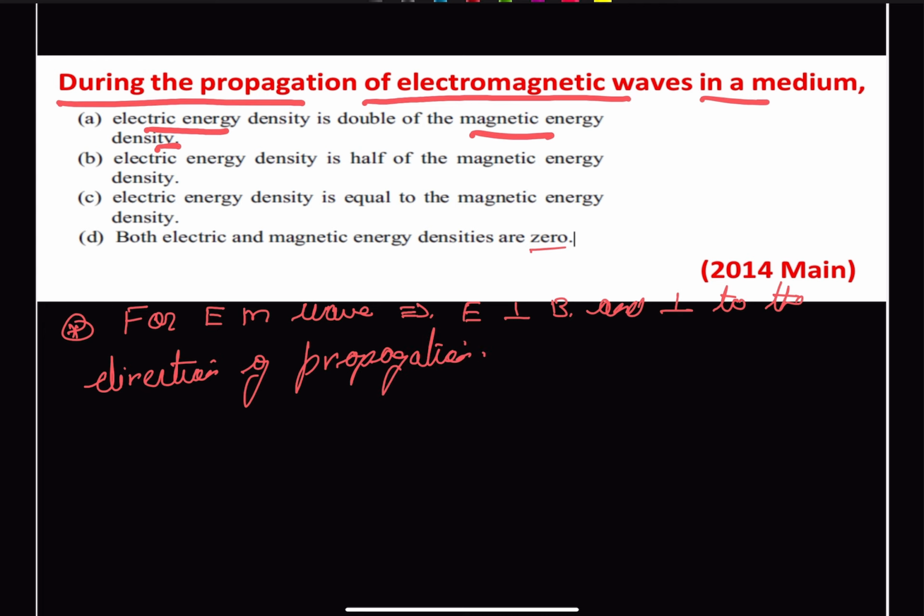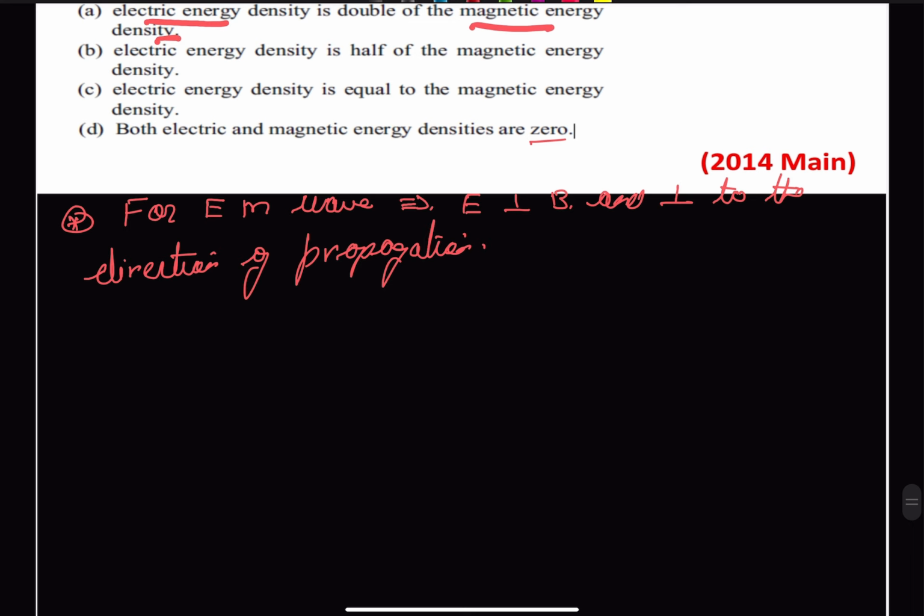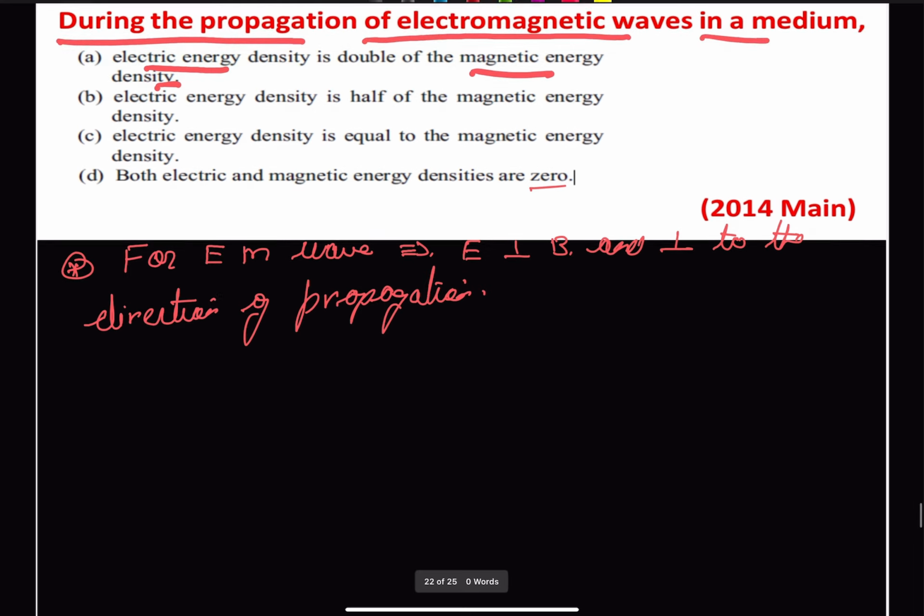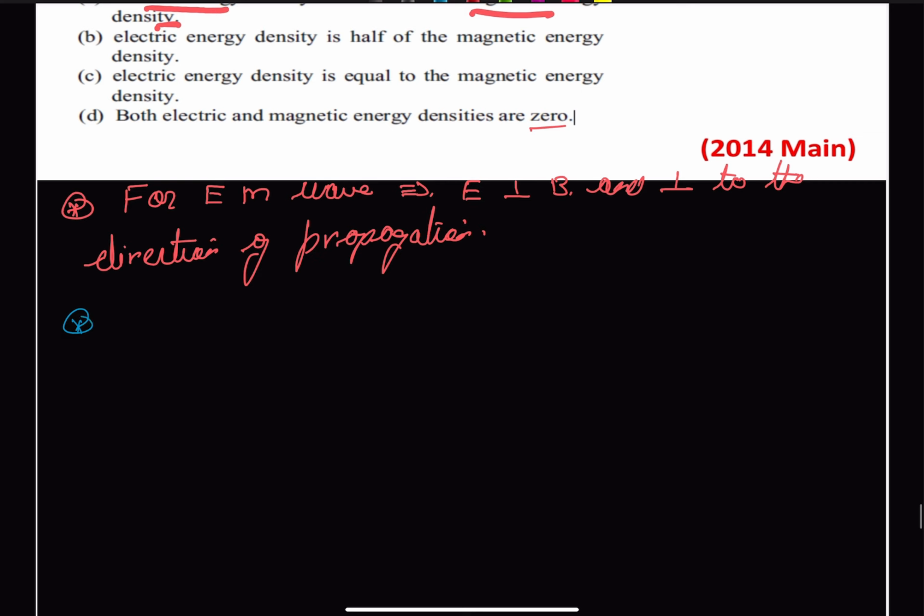And the formula for electric energy density, represented as U E, will be equal to half epsilon E square.